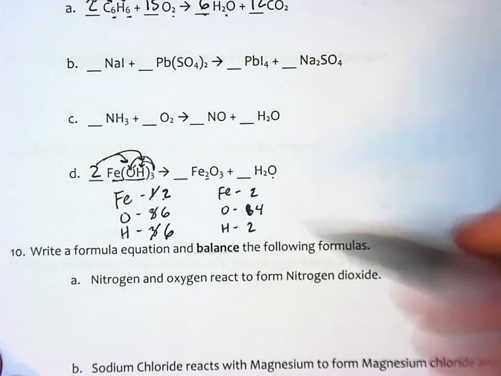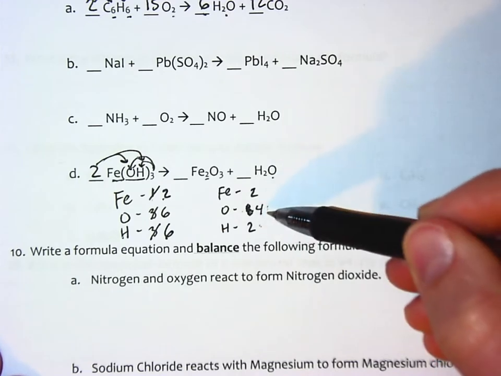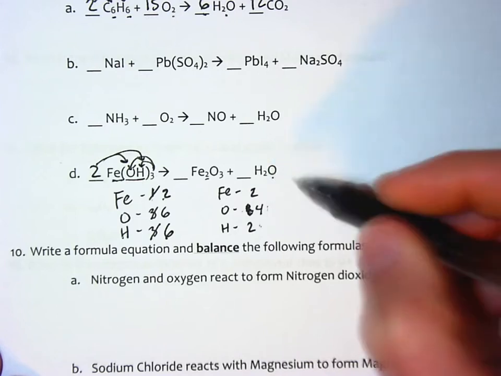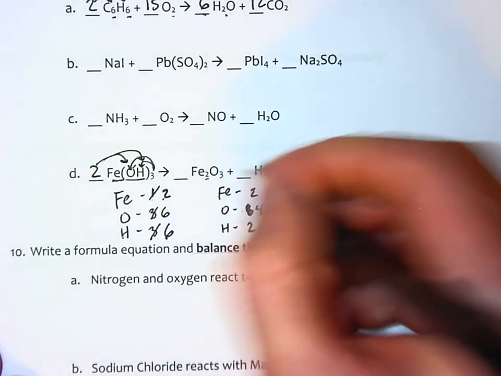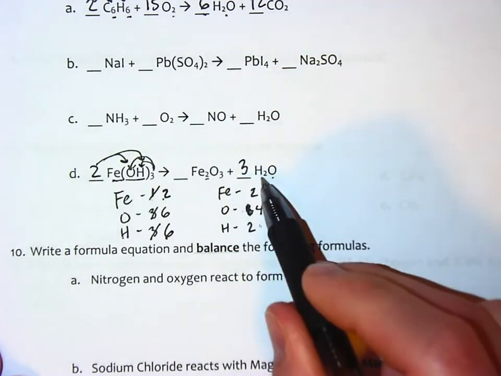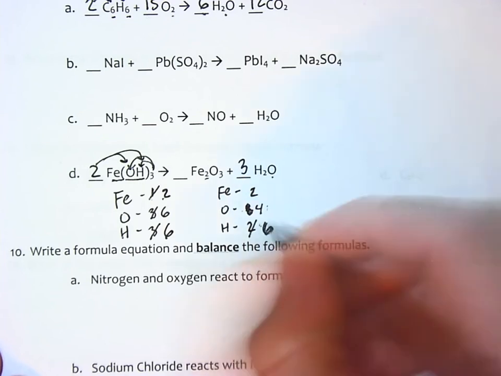Now O and H are still not matched up on this side, so I'm going to have to go over here and change something. If I put a 3 in front of that H2, now I've got 6 hydrogens, which matches.